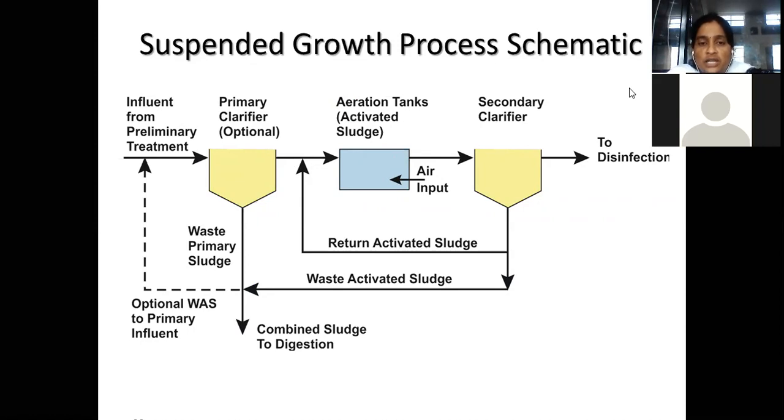This process will continue for hours. Each activated sludge process has a different type of design period. Usually the design period of aeration is in the range of 3 hours to 6 hours, and the degradation process consumes almost 12 hours to 24 hours. So it will differ from type to type of aeration tank.